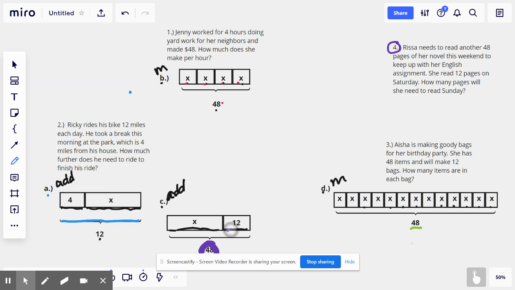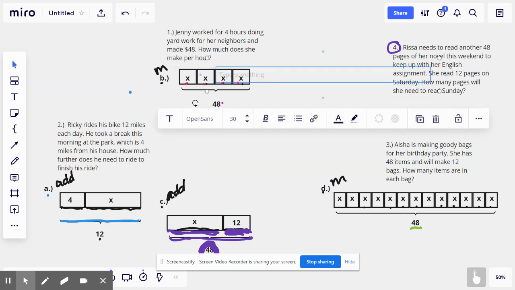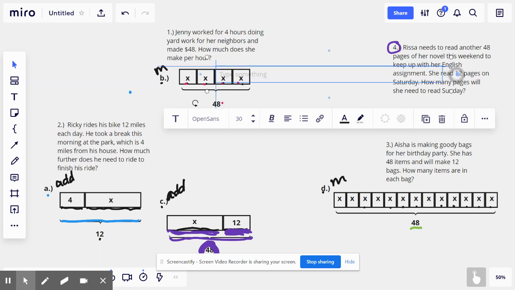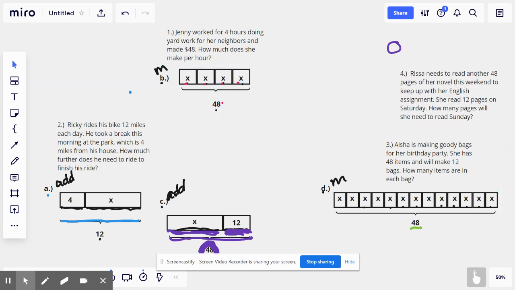That seems to work because here's a 12 down here on this diagram. How many pages will she need to read on Sunday? Well, she's read this far, she needs to get all the way to 48, and she has this much left, and we don't know how much this is. So I would say for sure that this matches up with this problem.